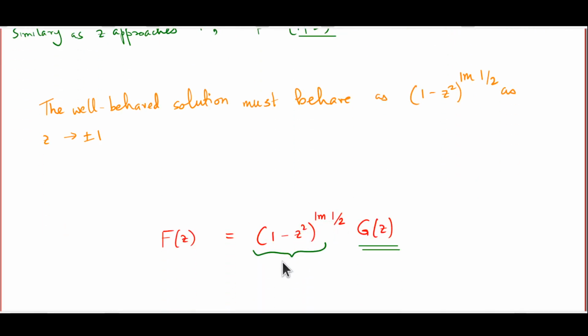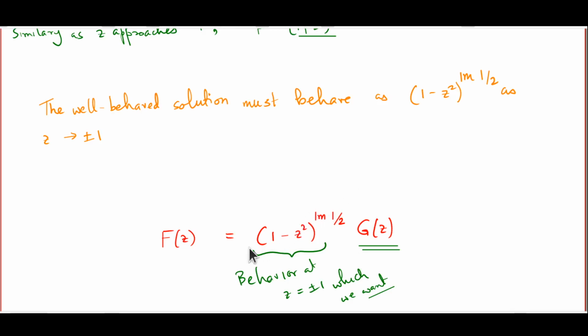So this is the behavior at z equal to plus minus 1 which we want. And this factor in front will ensure that we do have a solution to the associated Legendre equation, but we hope that this is not going to destroy the nice behavior imposed by this factor.